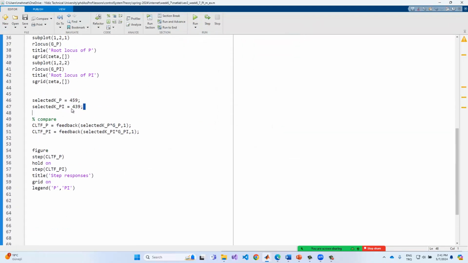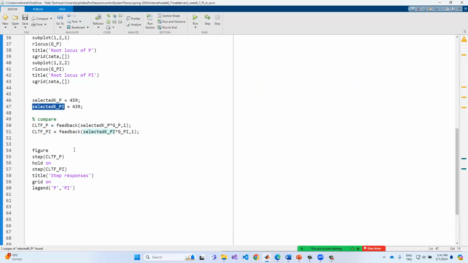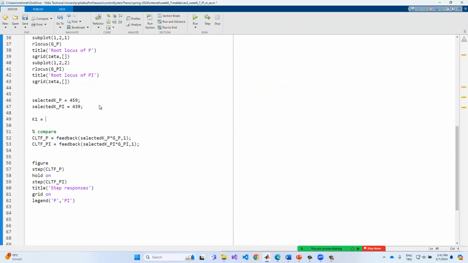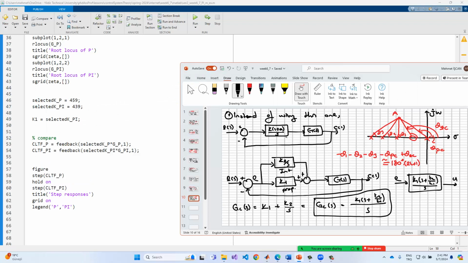And so just see that this PI coefficient is equal to k1. Okay? And so the k1 must be equal to this one. What is the k2?